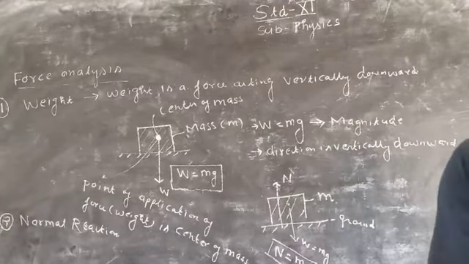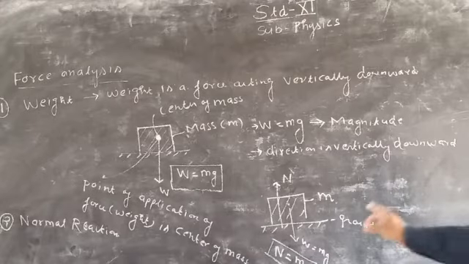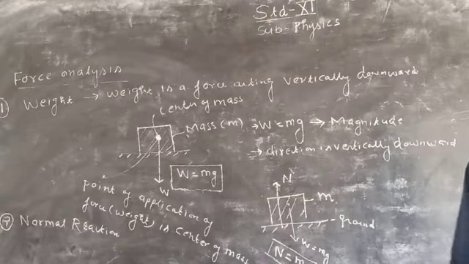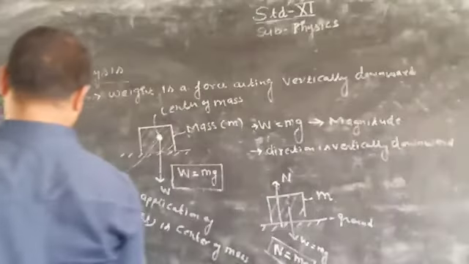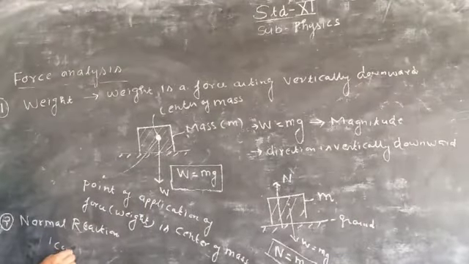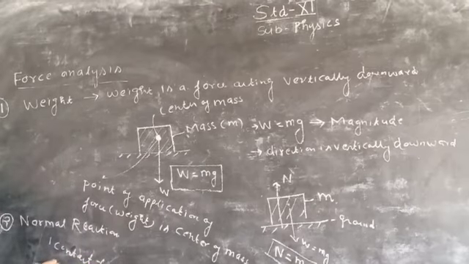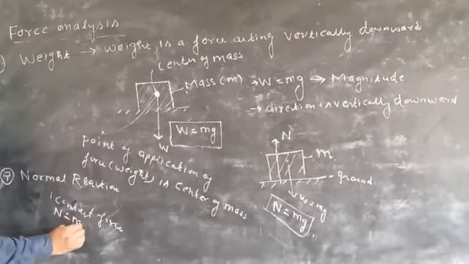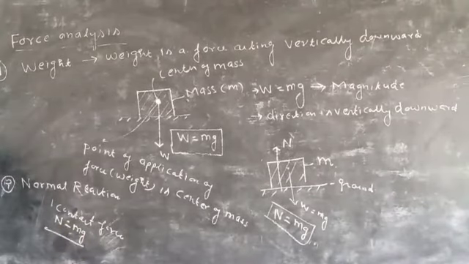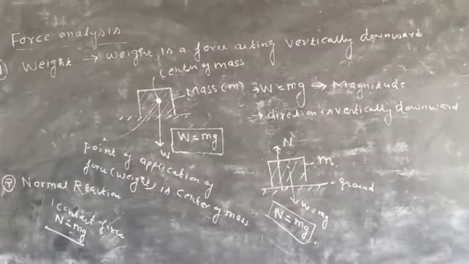Then there will be different values in the next cases. So normal reaction is also called a contact force. Normal reaction is equal to mg in this case.